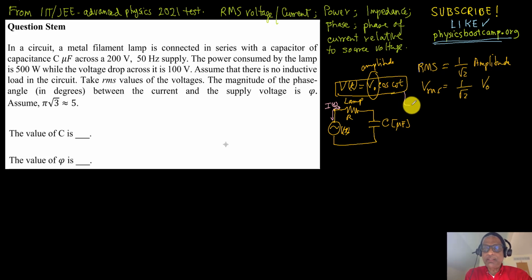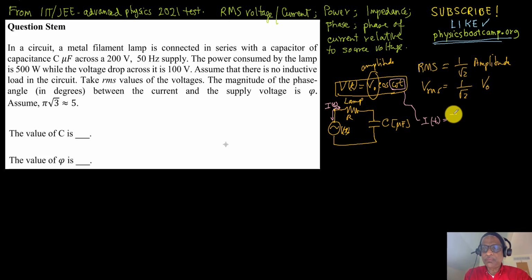So if you write the current as a function of time, it's going to be like this, but the phase will be different.